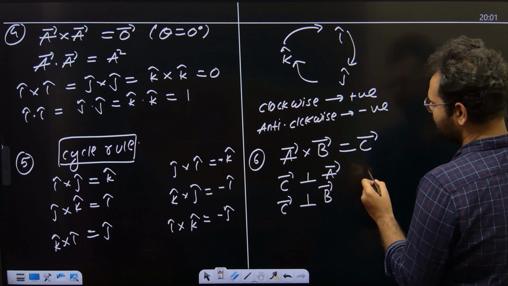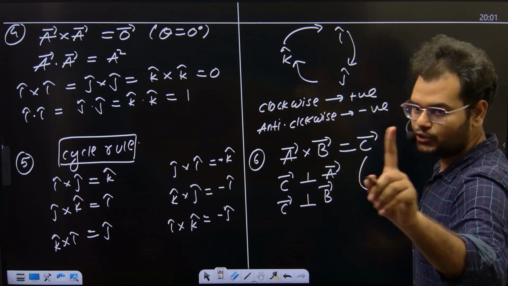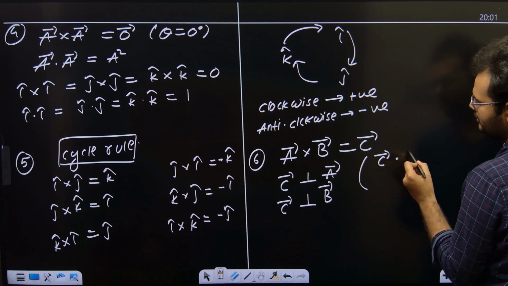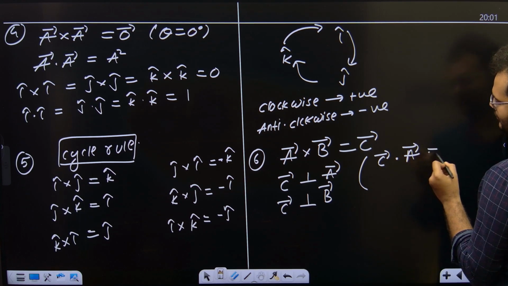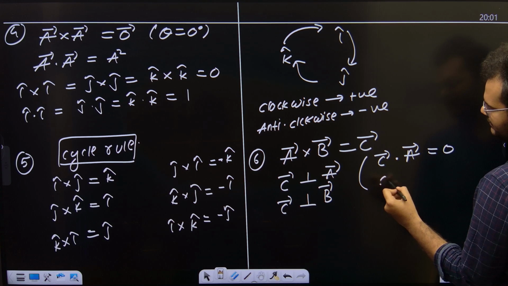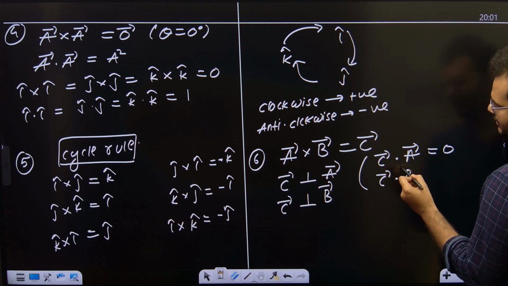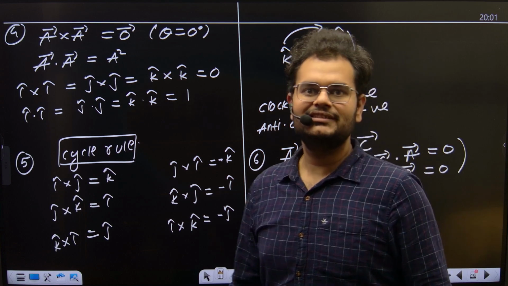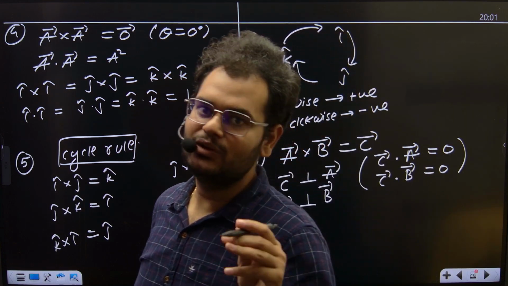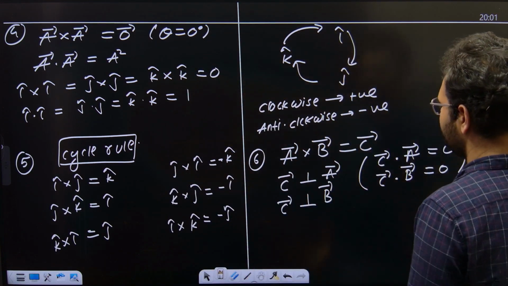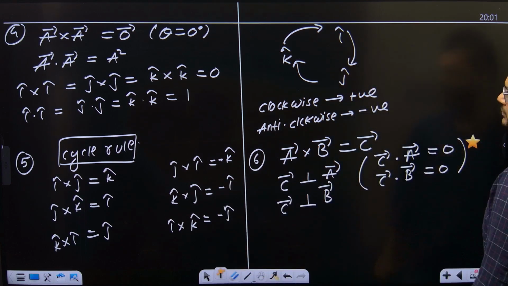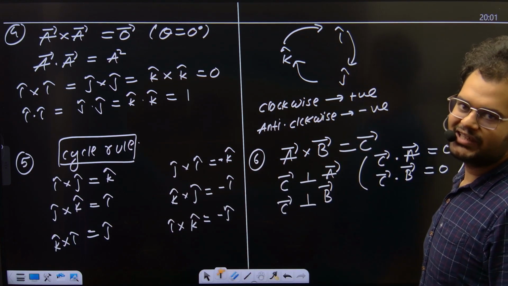In numericals I am going to use this. If they are perpendicular, that means C dot A is equal to 0 and C dot B is equal to 0. Are you following me? Sir, why are they 0? Because if two vectors are perpendicular, then the dot product is 0. This property we have to use while solving numericals. Very, very important things we are discussing here.